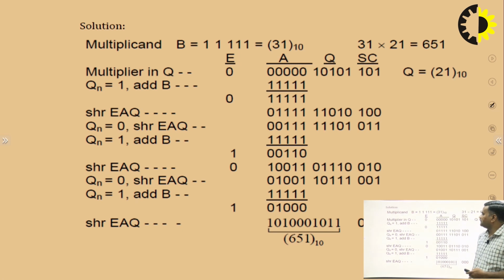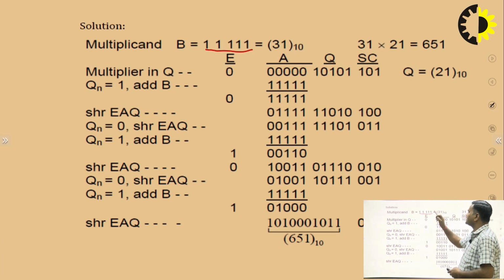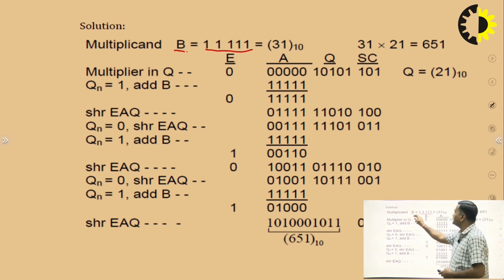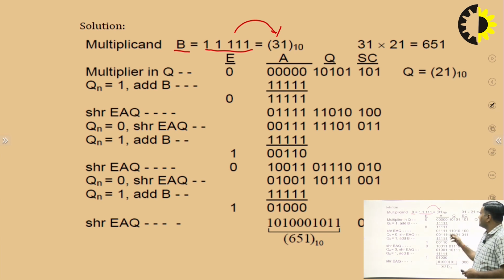Here our multiplicand 11111 is placed in the B register, whose value is 31 in decimal, and the multiplier value 10101 is placed in the Q register.